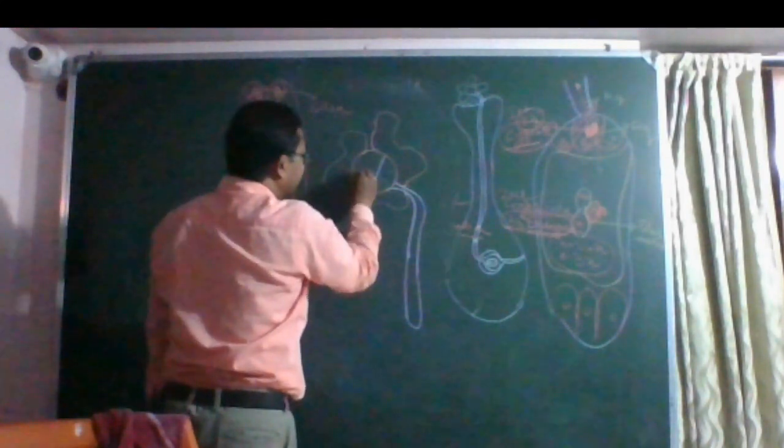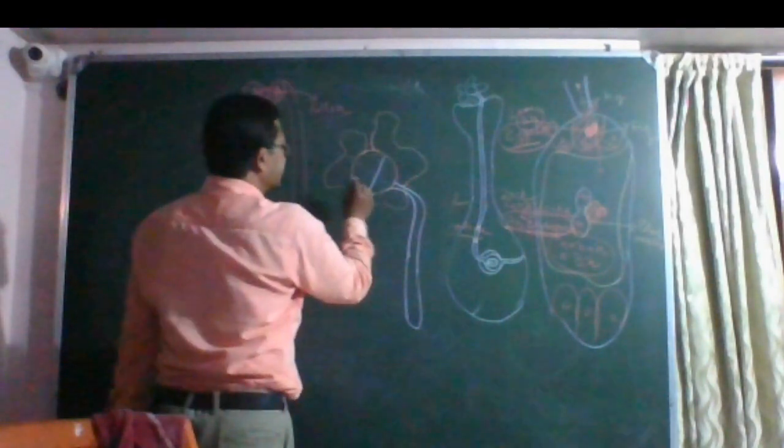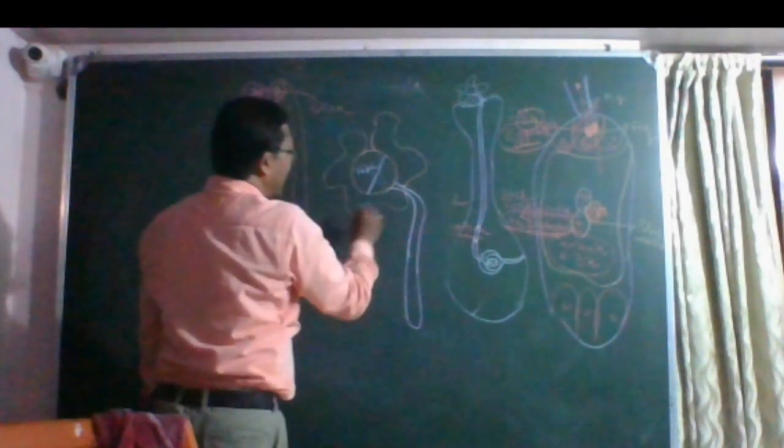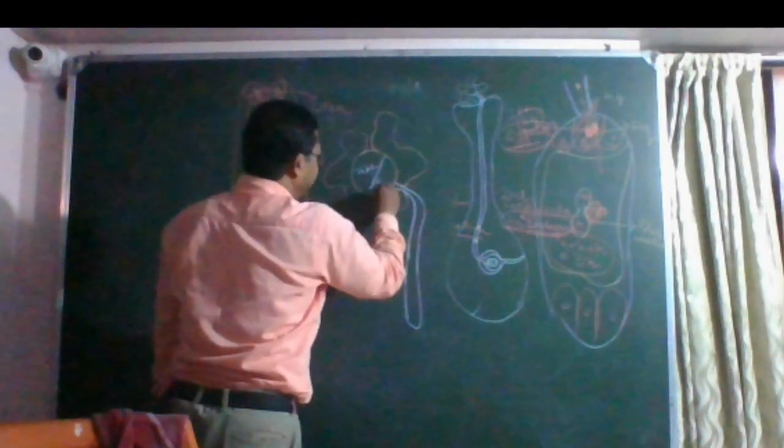One is the vegetative, also called the tube nucleus, and the other is the generative.